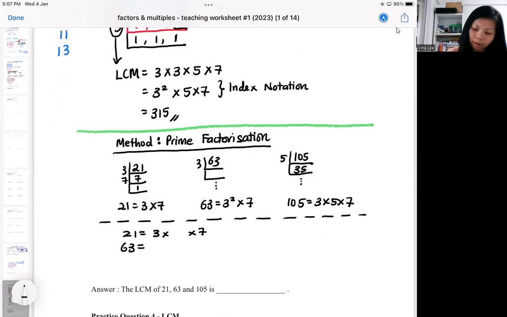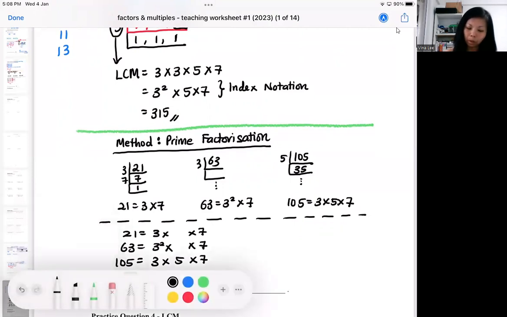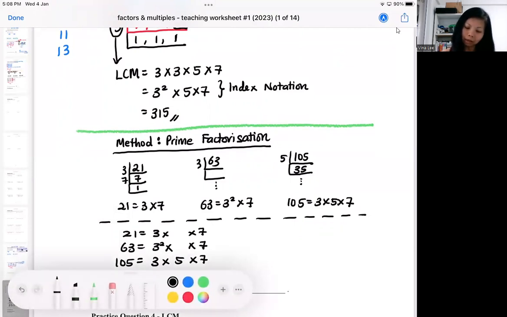I'm trying to write in such a way that I can compare in the same family. Do you remember what you are comparing? You are comparing for the higher index.